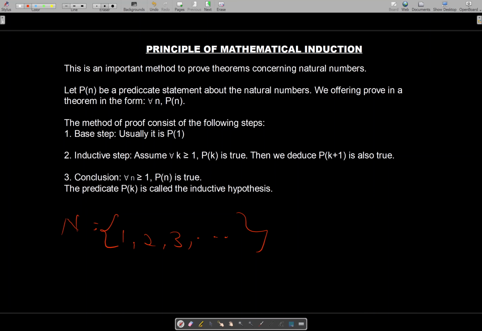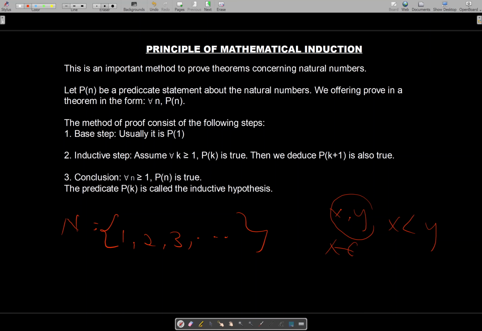So when we say x and y such that x is less than y, and x and y are real numbers, let's pick any two real numbers x and y such that x is less than y. This is a predicate statement. But we can assign values to x and y.